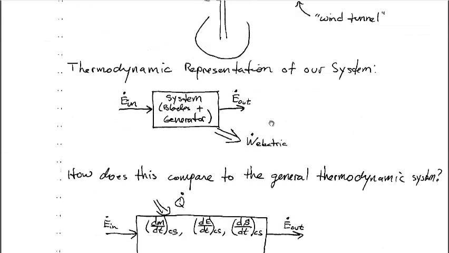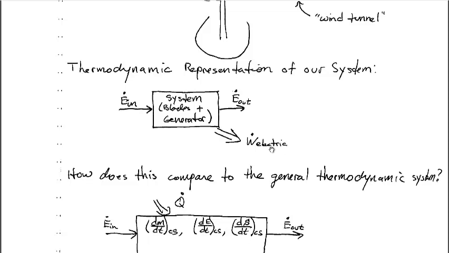We basically said that the electrical power from the control system was equal to the energy into the control system minus the energy out of the control system. In other words, the change in kinetic energy of the wind, that would be this E dot out minus E dot in, is equal to the electrical power that leaves the control system. That makes sense. That's conservation of energy.